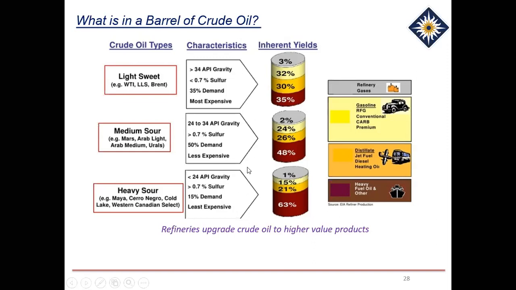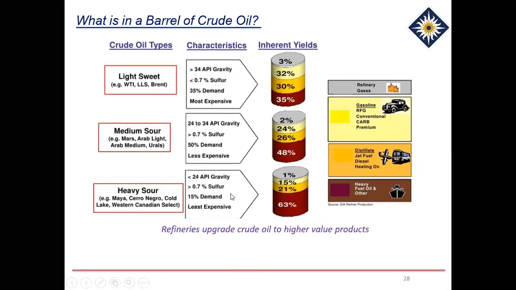Now the question to you guys: why is light oil very expensive and heavy crude oil less expensive? What is the difference? Yes, anyone, please answer me why the light oil is expensive and heavy oil is cheaper. Yes.